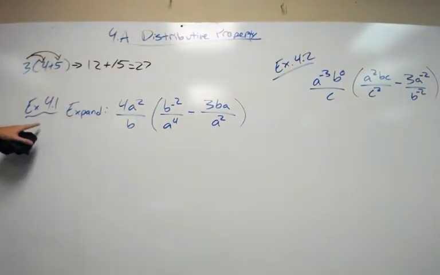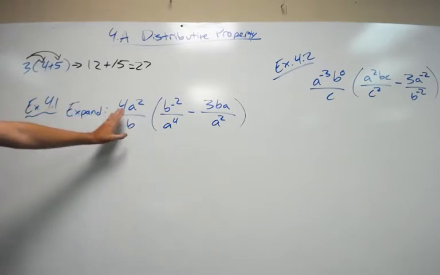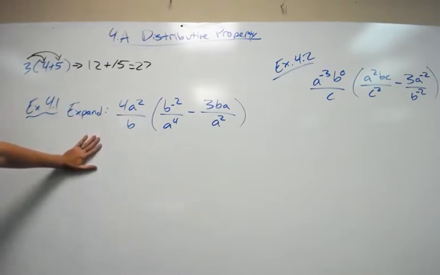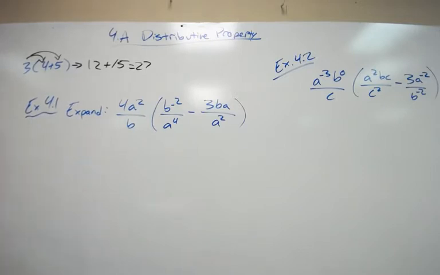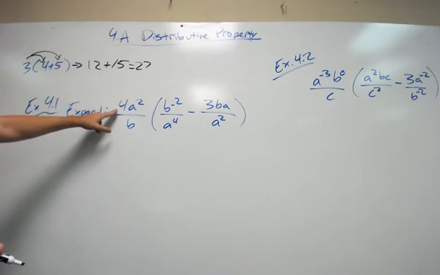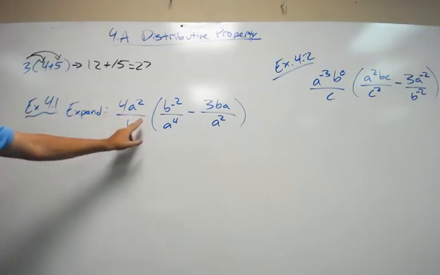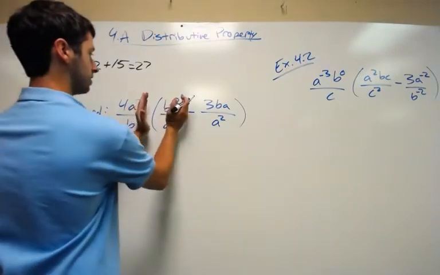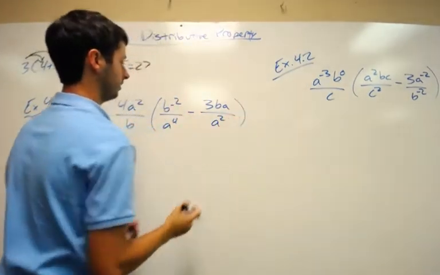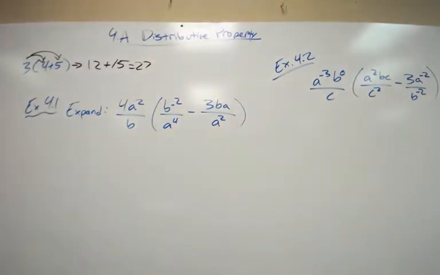So example 4.1 says expand. And it gives us this expression right here. What we're going to need to do is simply distribute the 4a squared over b to each isolated term.